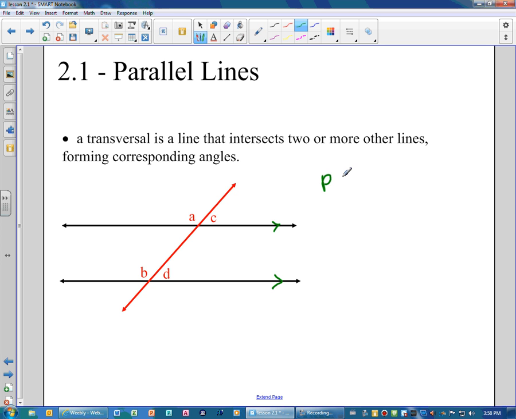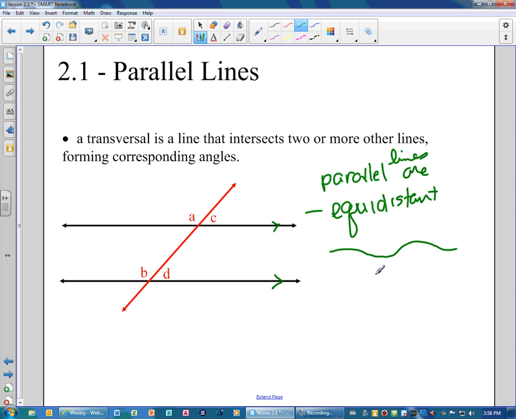Well, parallel lines, by definition, are lines that are equidistant from each other. That means, and I know you know that parallel lines never touch. Well, why don't they touch? It's because the distance between them, no matter where you go, is always going to be the same. So you could have something that looks like this.